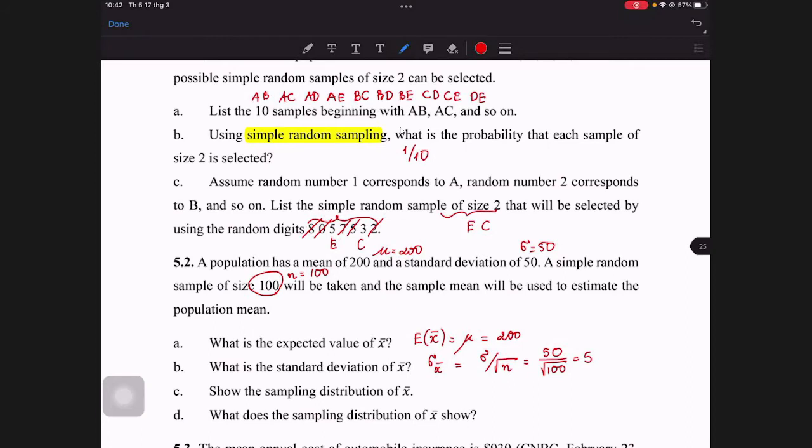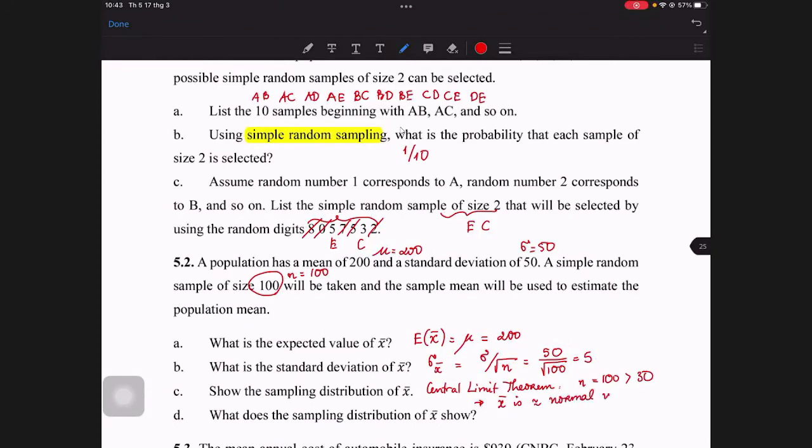The central limit theorem states that if our sample size is at least 30, then regardless of the distribution of our population, X bar is approximately normally distributed.